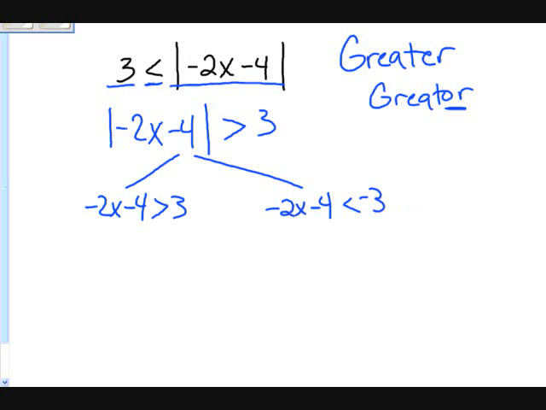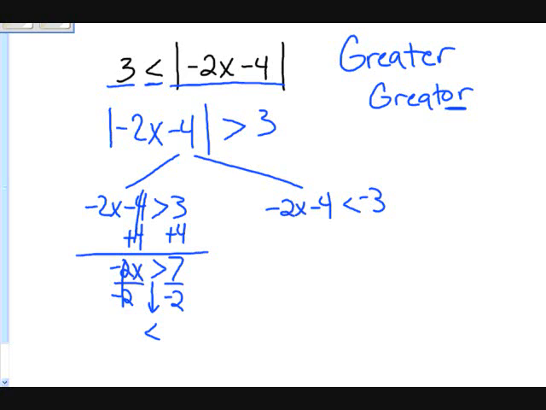After you've done that, now we just got to solve for x. So we're going to add 4 to both sides. We have negative 2x is greater than 7. Divide by negative 2. And any time that you divide by a negative, we have to flip this inequality symbol and get x is less than negative 7 over 2. And then over here, we add 4 to both sides, and we get negative 2x is less than 1.